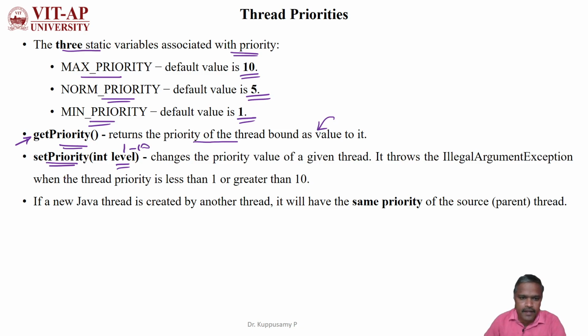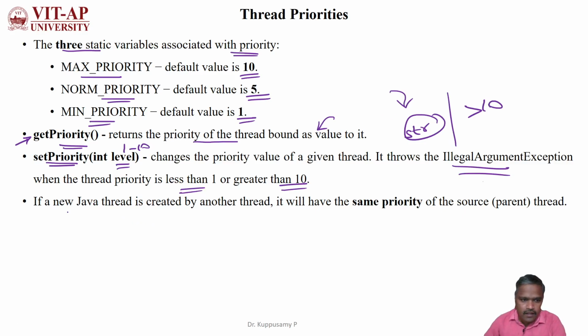It will produce an IllegalArgumentException if you give a value greater than 10 or less than 1, or if you use a string value.